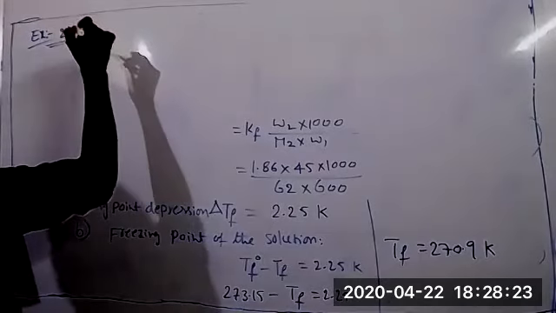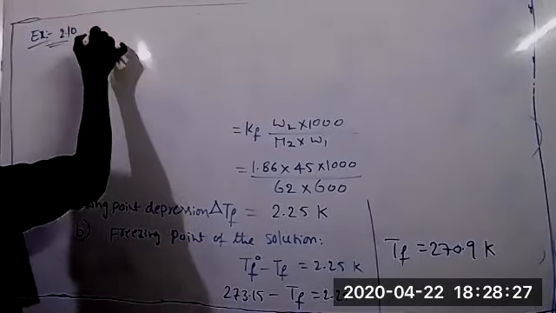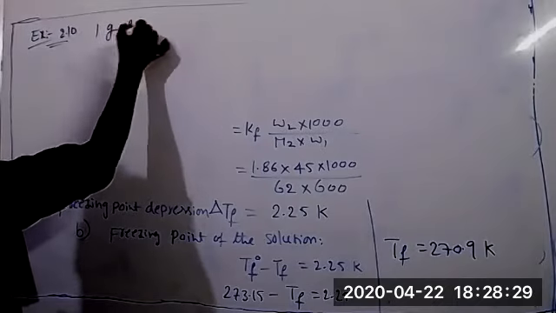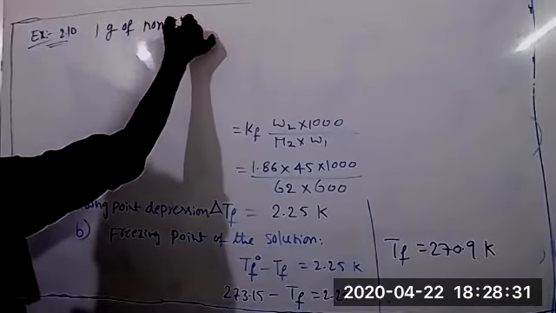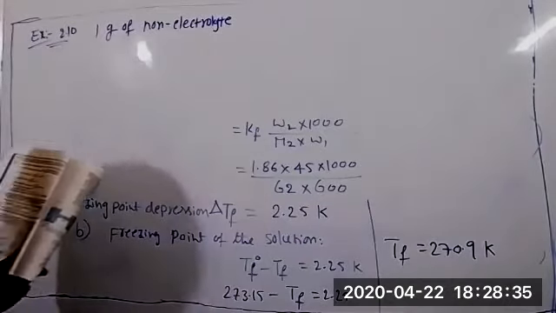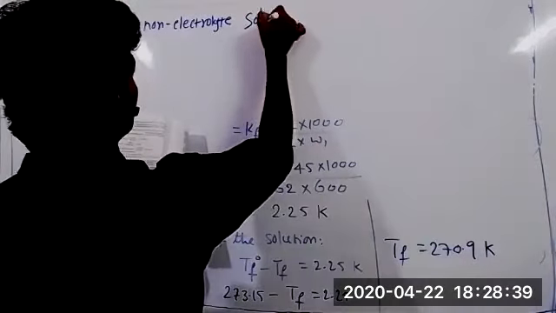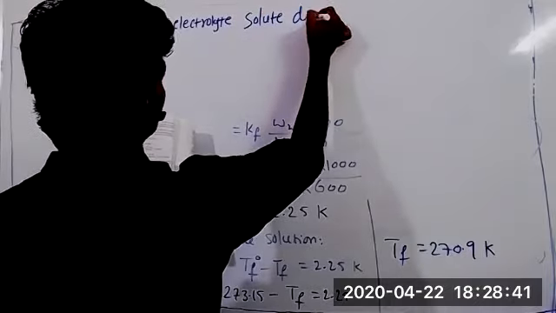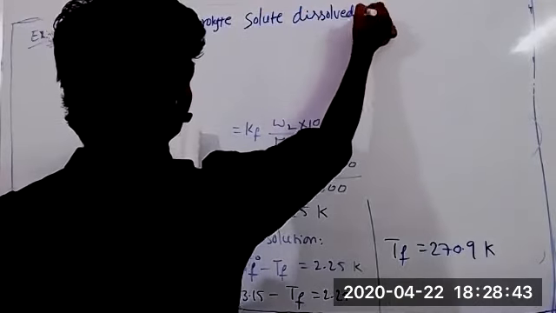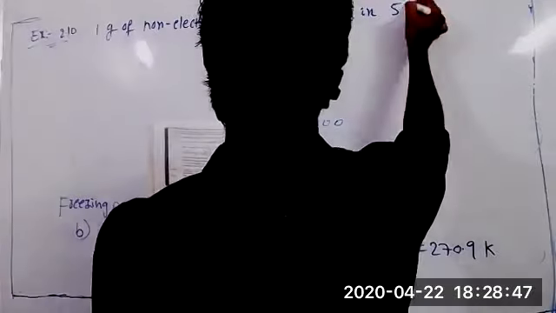Example question 2.10. 1 gram of a non-electrolyte solute is dissolved in 50 grams of benzene.